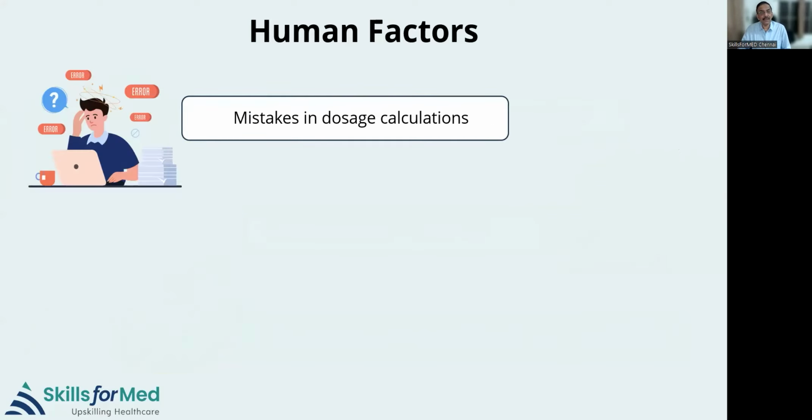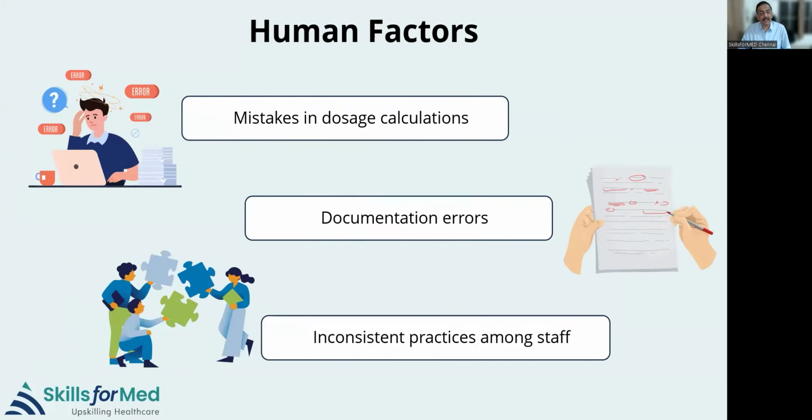Then you have mistakes in dosage calculations, documentation errors, and inconsistent practices. If you're not training your team properly, then there will be inconsistency in the practice. One team will be doing it one way, another team will be doing it the other way, and that is another cause for human errors.